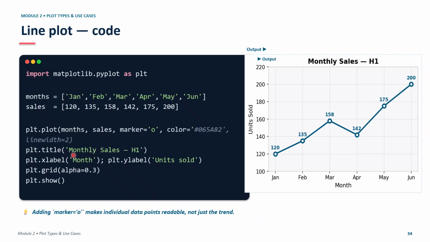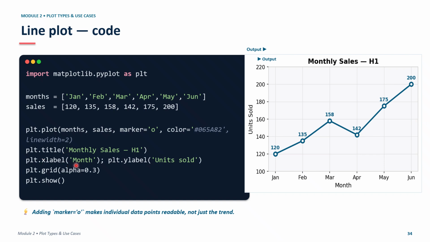And now for this plot, I'm going to give the title as Monthly Sales of H1. H1 means it is for the first half. This is a common business abbreviation that is used.